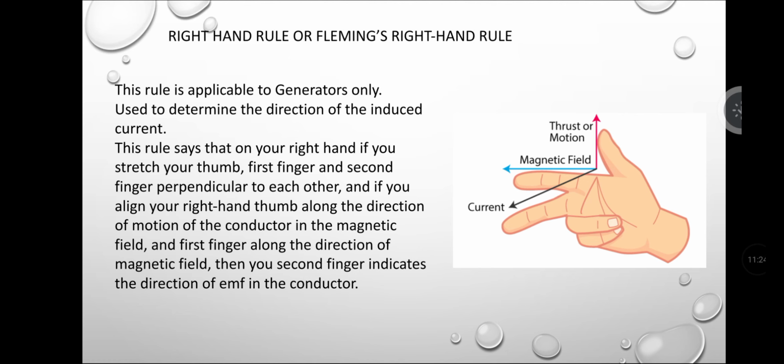So it is just to denote the direction of current, the direction of your force or motion, and the magnetic field.